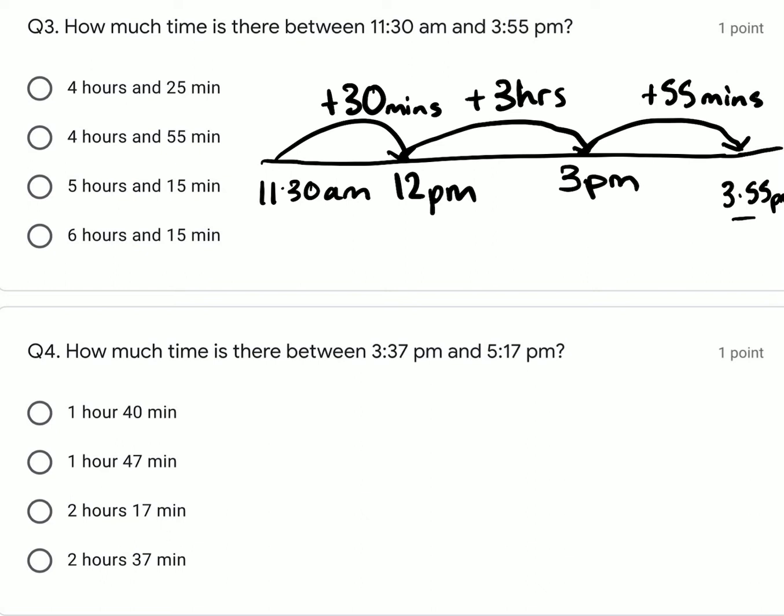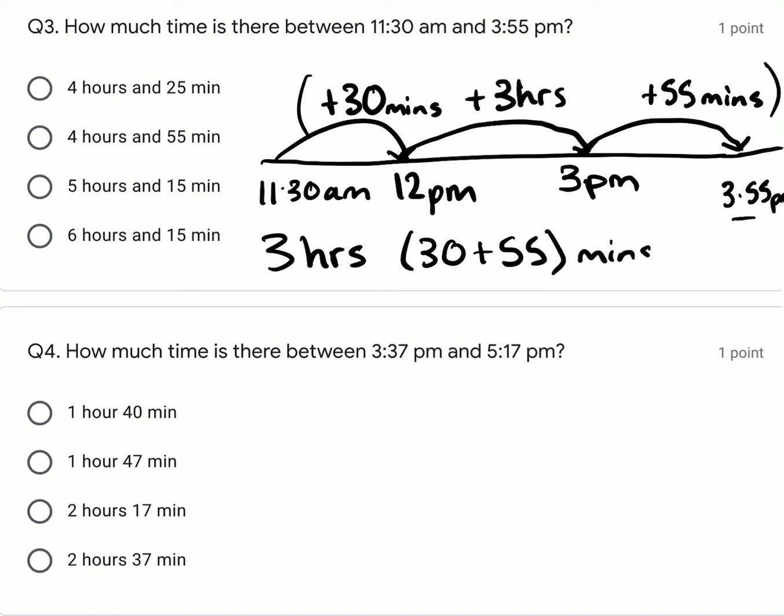Okay, so now we just need to find the total amount of time that passed from 11:30 a.m. to 3:55 p.m. We can see that we've got 3 hours, but that might change depending on whether we have enough minutes to make up another hour. And we've got 30 minutes plus 55 minutes.